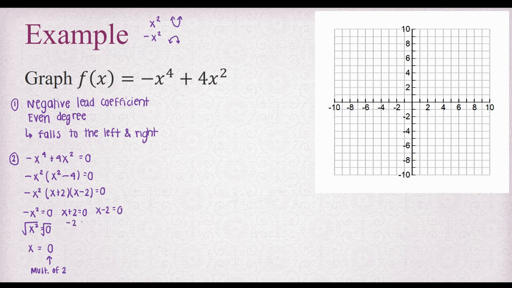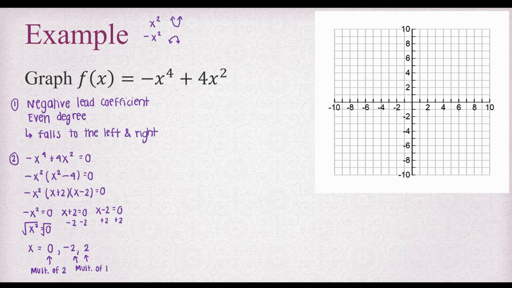Notice that we are subtracting 2 to get the x by itself and then adding the 2 to get the x by itself. So my other answers will be a negative 2 and a positive 2. So I do technically have 4 zeros there, because the negative 2 and the positive 2 would each be a multiplicity of 1. So all together there are 4 zeros.